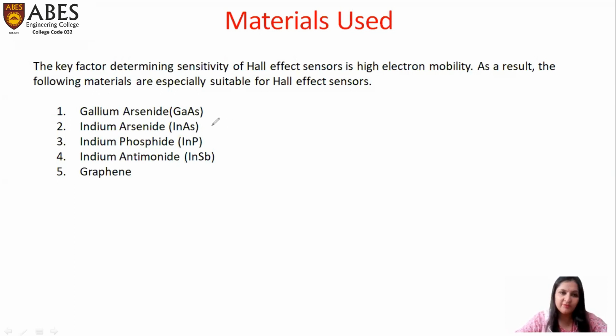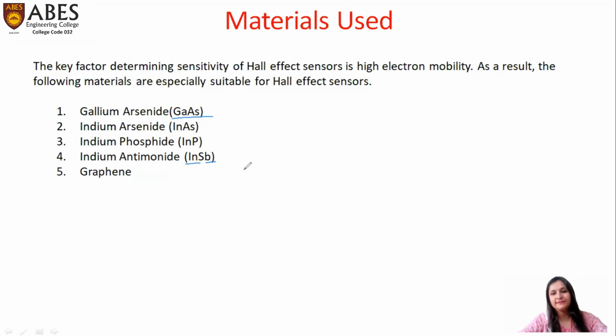The first one which is preferred is gallium arsenide, that is GaAs. Then we use indium arsenide, InAs, indium phosphide, InP, indium antimonide, InSb, and graphene. These are the preferred materials for making Hall effect sensors.